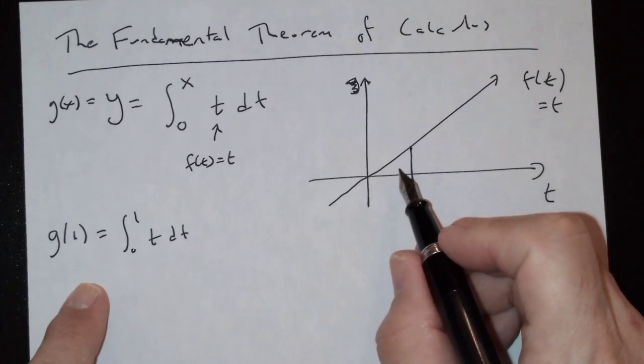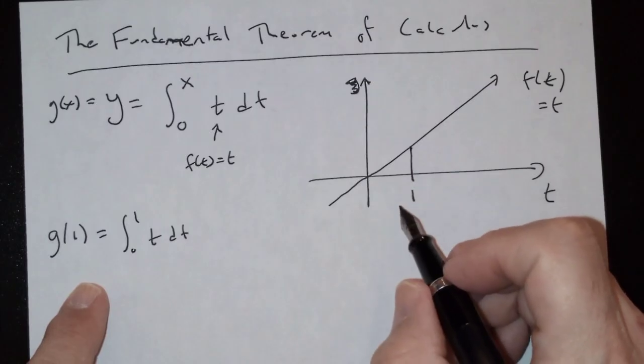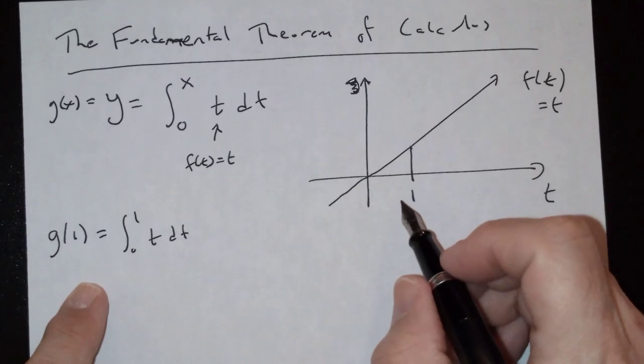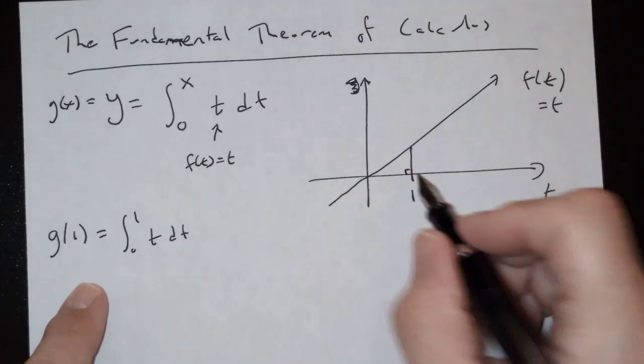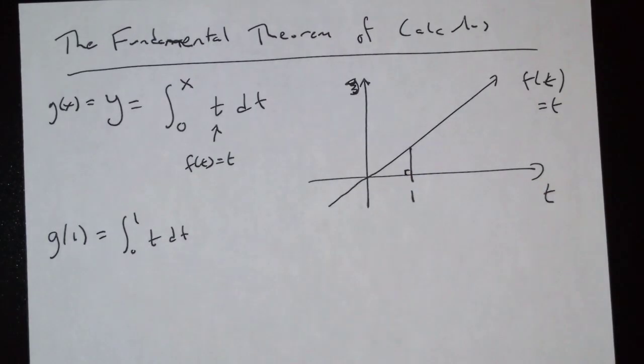But wait a second. That's a triangle. And it's not just any triangle. It's a right triangle, because the t-axis is horizontal, and that's a vertical line. I know the formula for the area of a triangle.